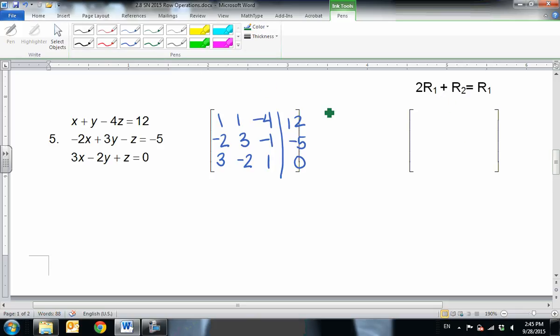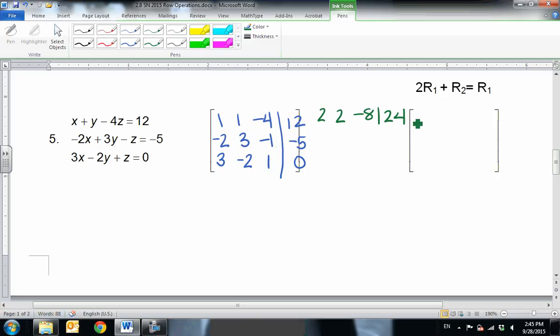Okay, and I'm just going to jot it out to the side here. You can jot it wherever you have space. So if I double row 1, that would give me 2, 2, negative 8, 24. Would you guys agree with that? Okay. Now I'm going to take that and add it to my original row 2, and where am I going to put my answer?